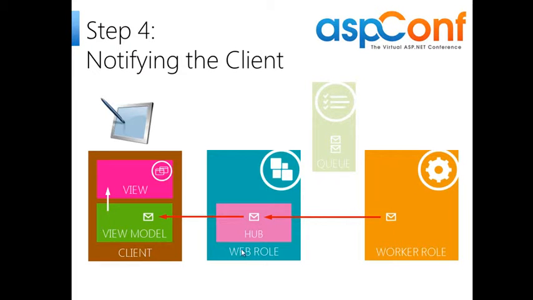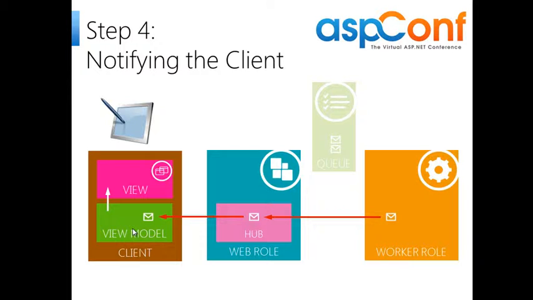For that, I need something that will help me locate the client that submitted the request and send a message there. Today I'm going to use SignalR technology, which provides me with the pub/sub scenarios. SignalR will help me route messages through my web roles to the clients that submitted the request.